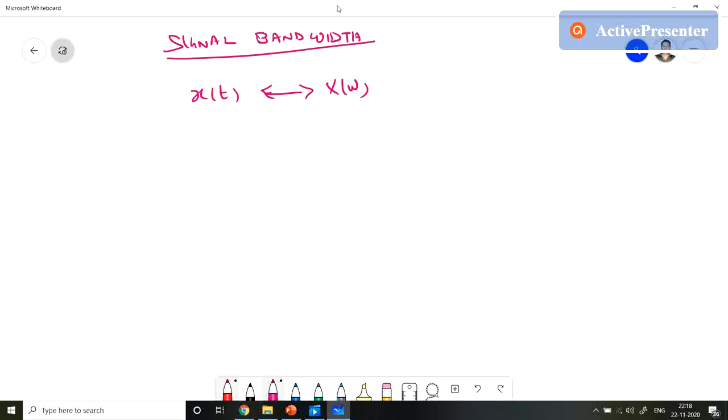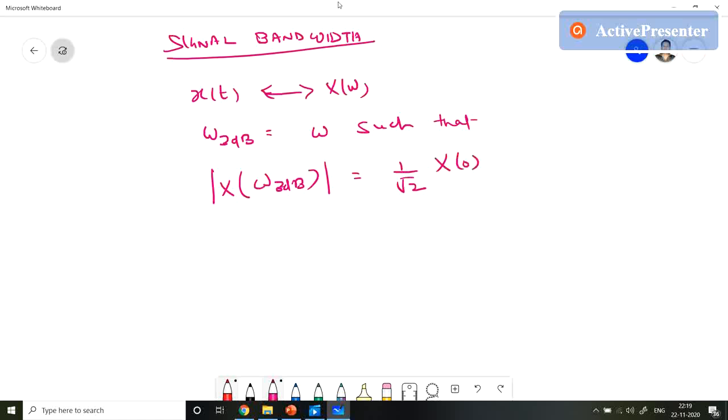Let us take W3dB equal to W such that modulus of X(omega 3 dB) is equal to 1 divided by root 2 times X0.